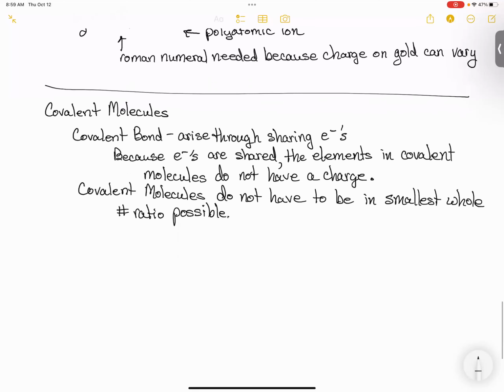So we're going to talk about 4 types of covalent molecules today. I'm going to start with diatomic elements and hydrogen. I may quit after that and pick it up in lab.